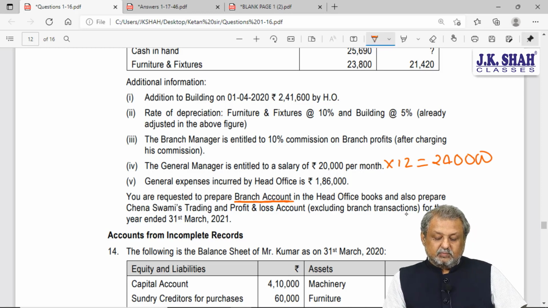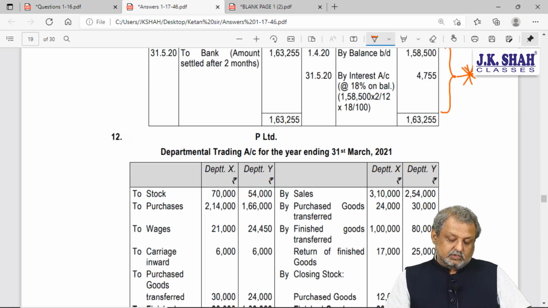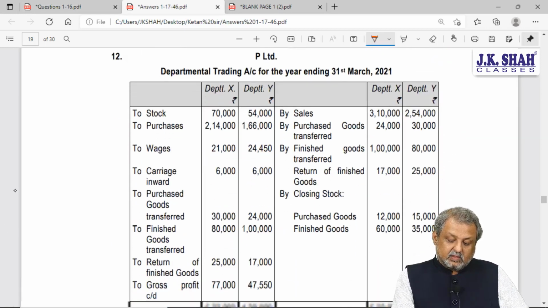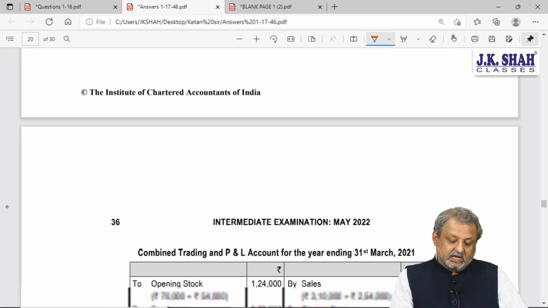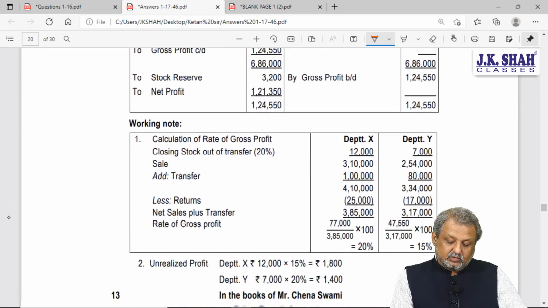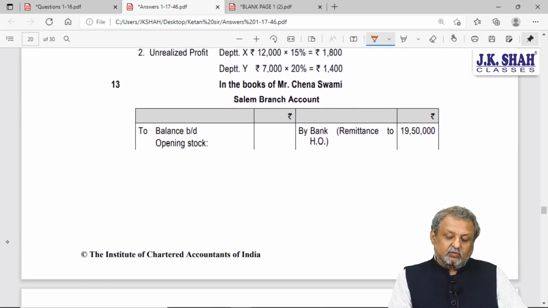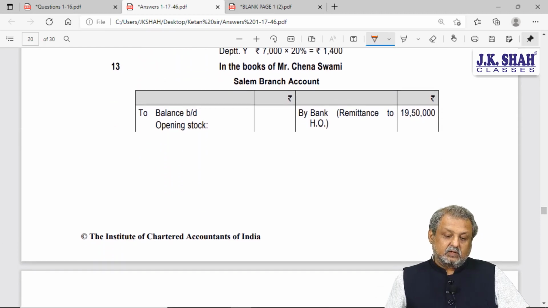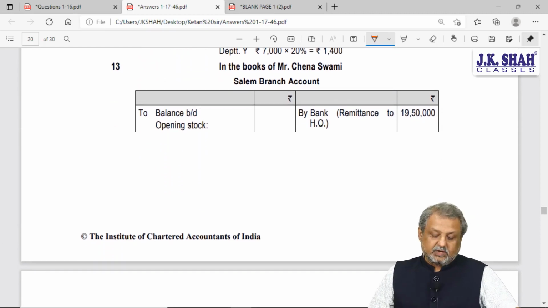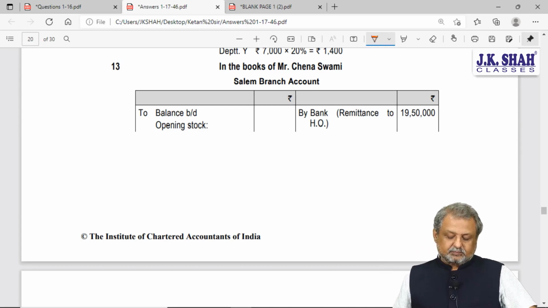So you don't want branch transactions. That is something new. So two things. One, you have to make debtor system branch account, and second, you have to make head office trading account, trading P&L account, but excluding branch.